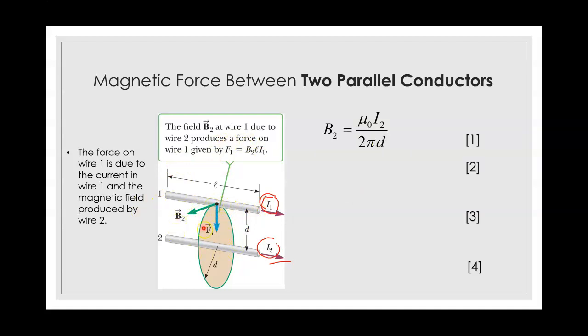So sekarang ini kita tengok pada dua parallel conductors, so 2 pi D. Remember that the magnitude of the magnetic force on wire 1 in the presence of B2 due to I2 is in this equation: F1 equal to B2 times I1 times L. Let's substitute our expression for B2.